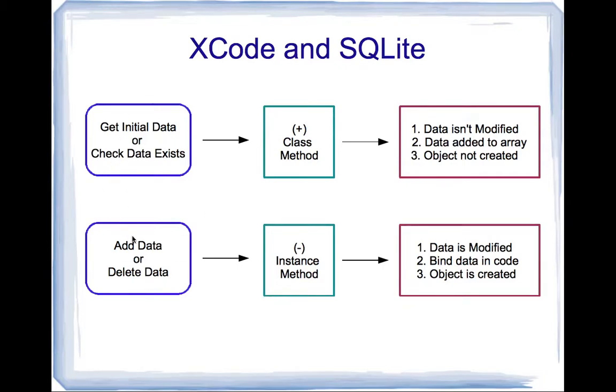The blue is your Xcode, the teal is your methods, and the red is the criteria. This is how you'll follow most any kind of class or instance method in any kind of Xcode that you write. When you modify something, it's generally an instance of the class, and then when you simply perform an action, that's a class method.